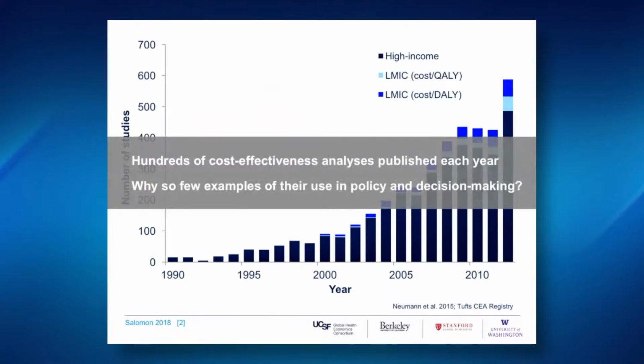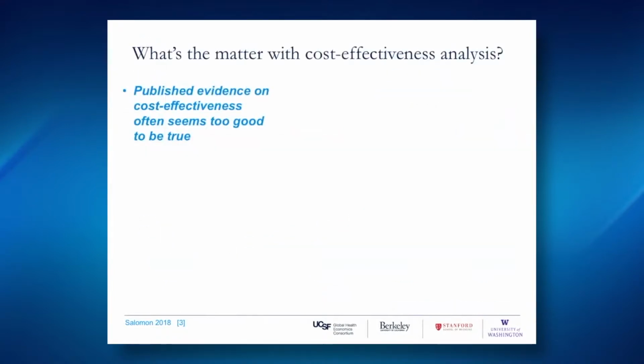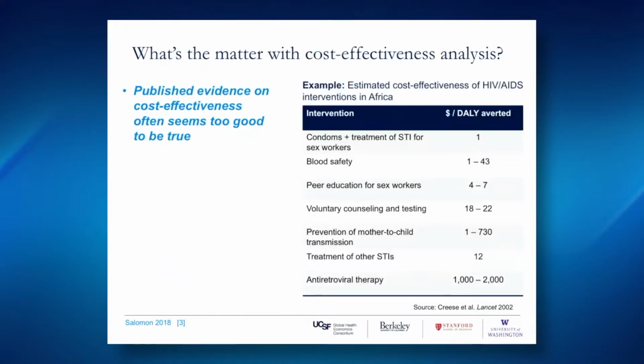And I think there are several reasons, but let me focus just very briefly on a couple of the more important ones. The first one is that many cost-effectiveness results just seem too good to be true. So here are some vintage examples from HIV prevention and treatment, which is an area in which I work. And if you look at these, they suggest extraordinarily high value for money based on all of the commonly used benchmarks that we would apply. For as little as $1, you can add 1 healthy year of life according to these cost-effectiveness ratios.